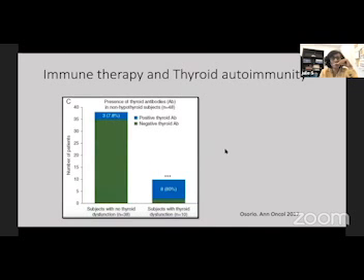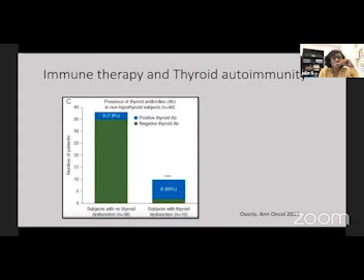Now, immune therapy, that's the new kid on the block, and we started with melanoma, and now immune therapies are used in lots of other oncologic diagnoses, and we are seeing a lot of thyroid problems, autoimmunity, with the introduction of immune therapy.